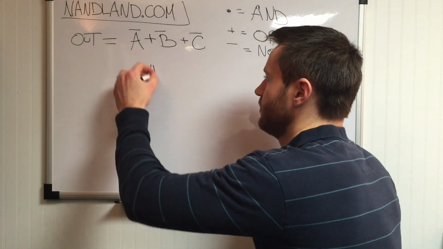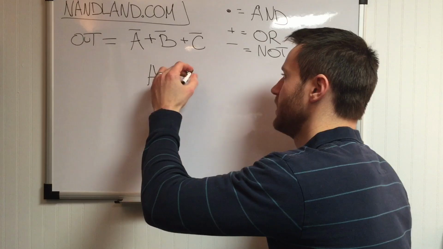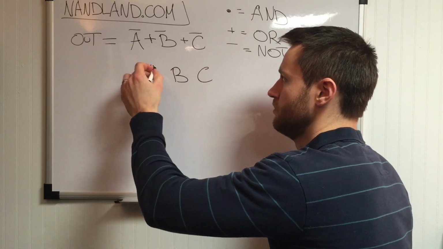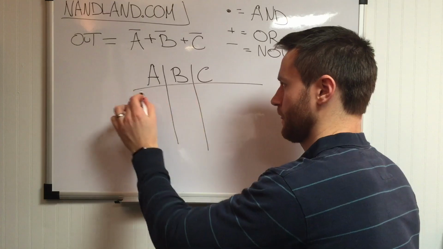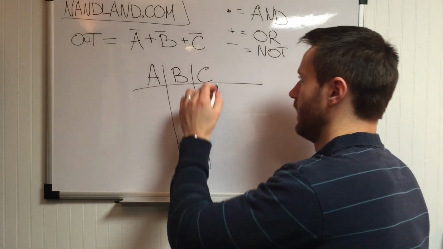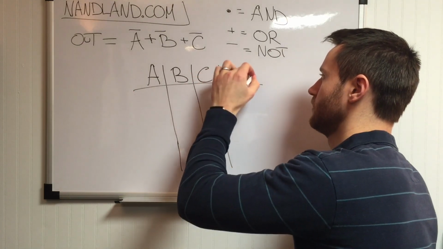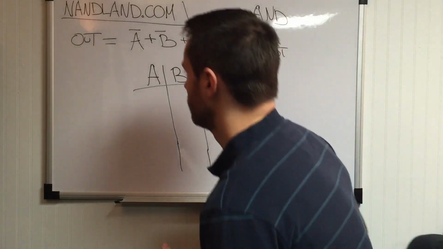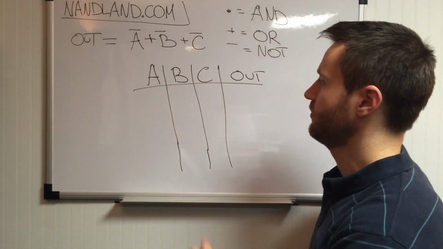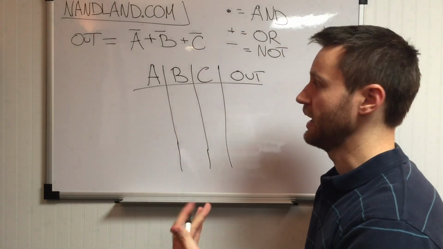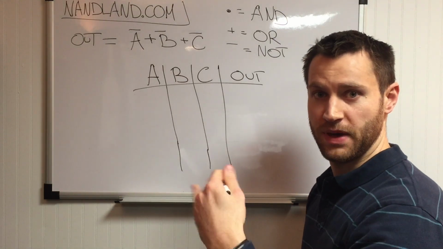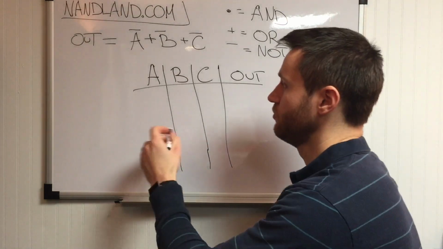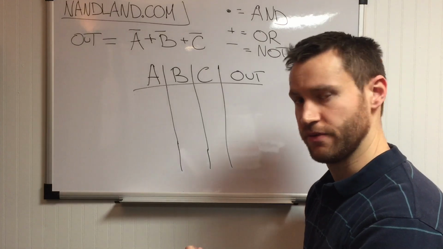So your inputs to your truth table now are A, B, C, instead of I1, I2, I3, and you have one output called out. So first of all, on your inputs, we can fill in all the different combinations of what your inputs can be, and it's just all the different bit zeros and ones, and usually you count in binary for truth tables.